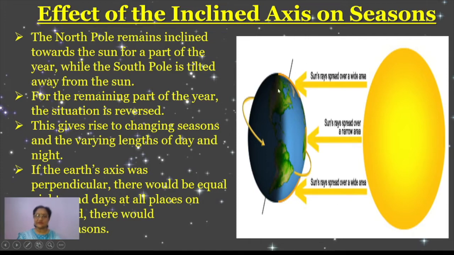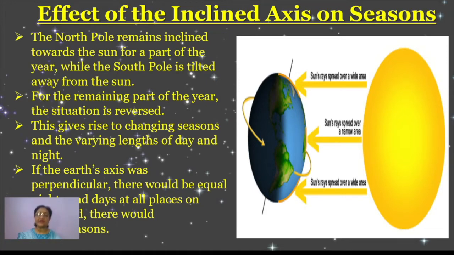So you can see here, for a certain period of time you will find the North Pole is actually towards the sun. But at the same time the South Pole is away from the sun, that means it is darker and the North Pole is lighted. So that means what?